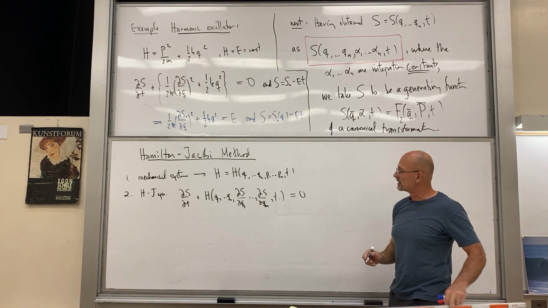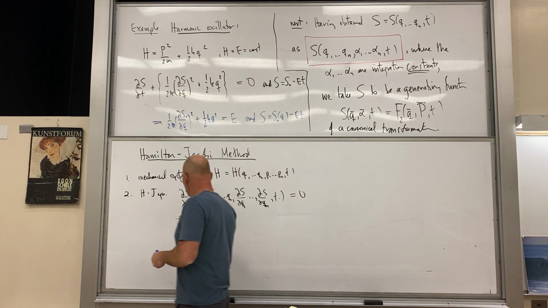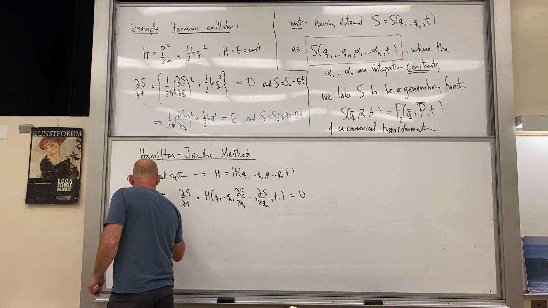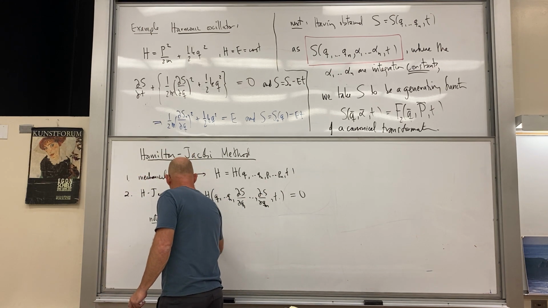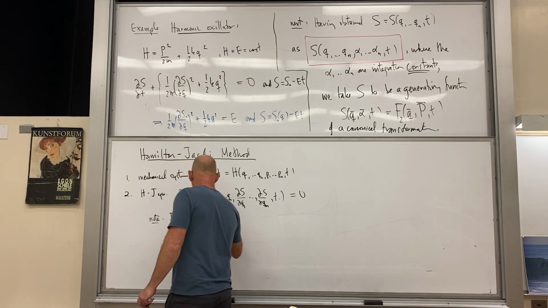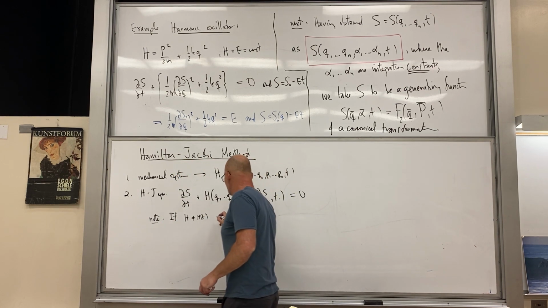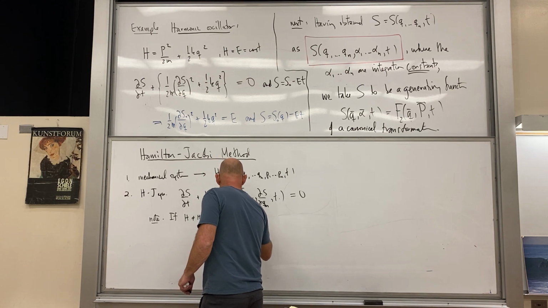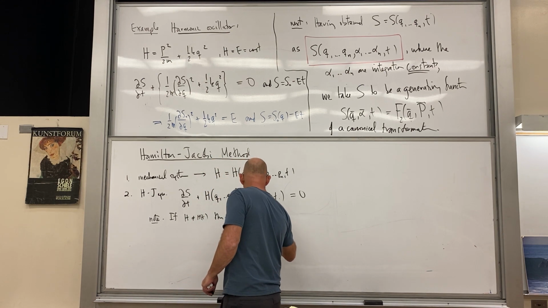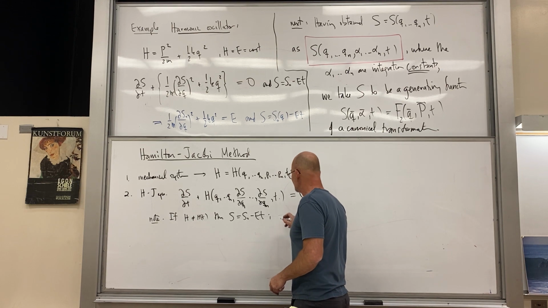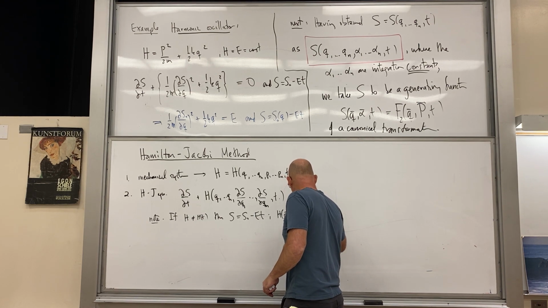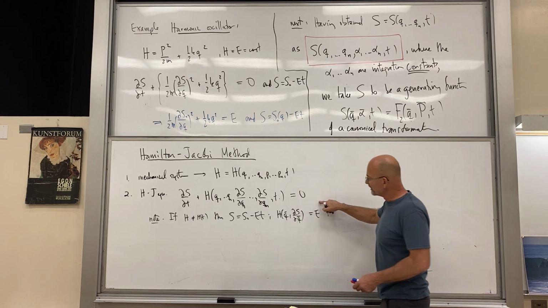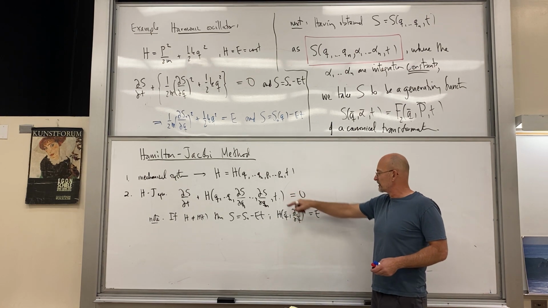Okay, so we've made that substitution. And I'll just note, if E is constant, which is to say if H is not explicitly a function of t, so the energy is constant, then S equals S0 minus Et, and H of q, ∂S/∂q as a vector, is equal to E. That would be the Hamilton-Jacobi equation of this form.